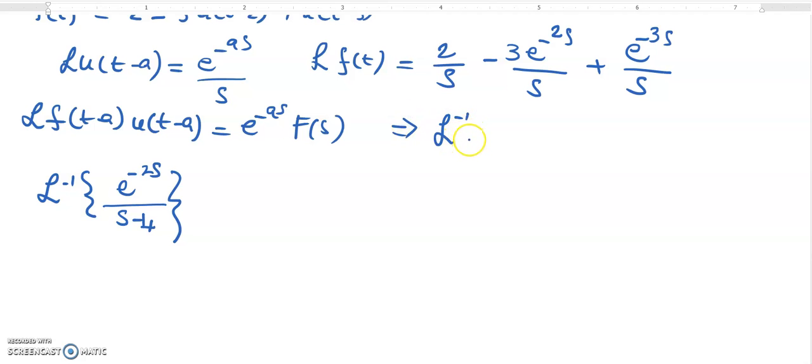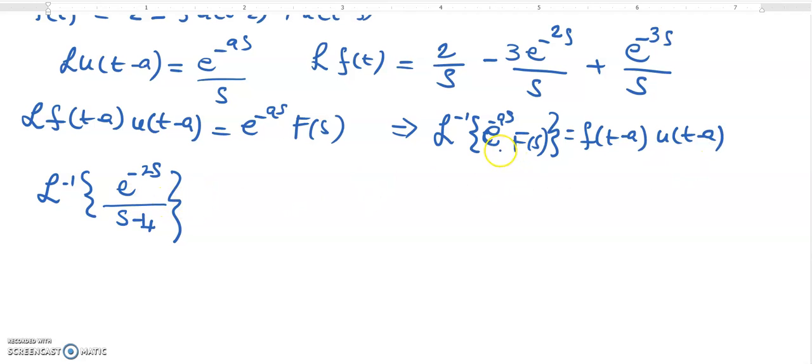That means we take the Laplace inverse of e power minus as F of s, and that will be equal to f of t minus a into u of t minus a.